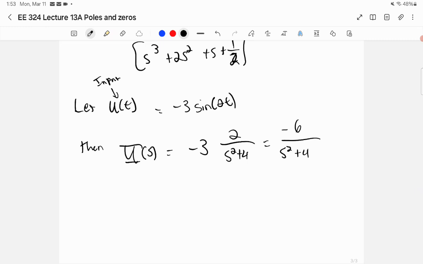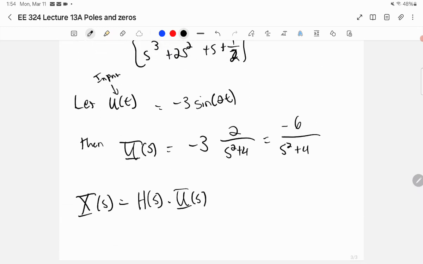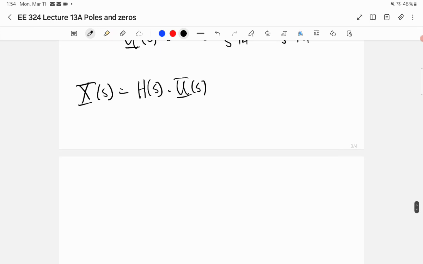And we can recognize that we can find the solution of this. X of s is just equal to the transfer function times u of s. So again, we're assuming 0 initial conditions, and for linear time invariant differential equations, this doesn't matter.